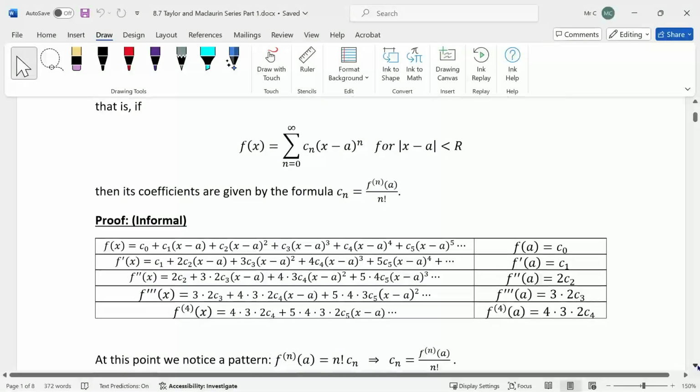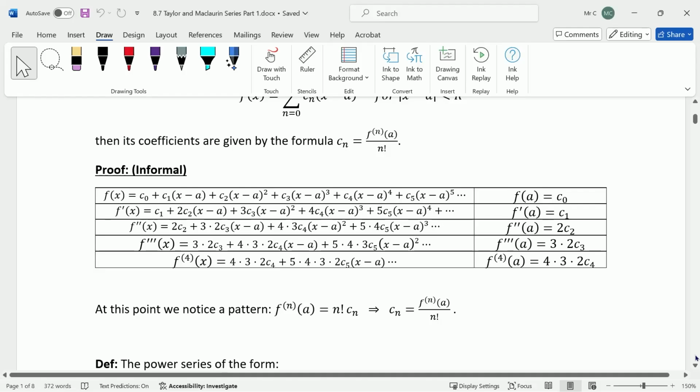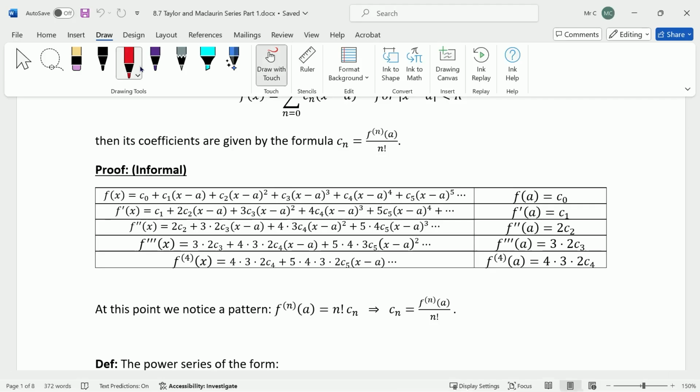So we'll take a look at the proof, and this is kind of an informal proof, more of a pattern recognition thing. We take a look at the 0th derivative, which is just f of x. When we evaluate this at a, so when we plug in x equals a, what do we get? This term becomes 0, and this becomes 0, and so forth, and the only term that's left is c naught.